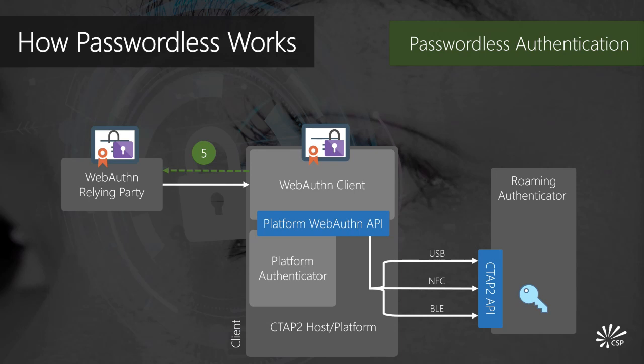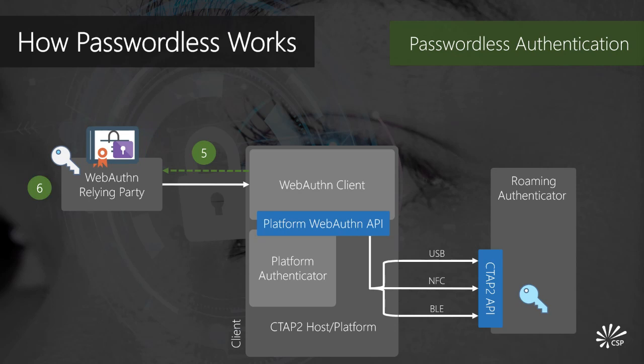So when a bad actor tries to replay that signed nonce in a new authentication attempt, that attempt is going to be created using a new nonce value, and those nonce values aren't going to match. So the relying party is not going to trust the response. That's how we can avoid response replay if someone were to intercept that signed response from the authenticator.